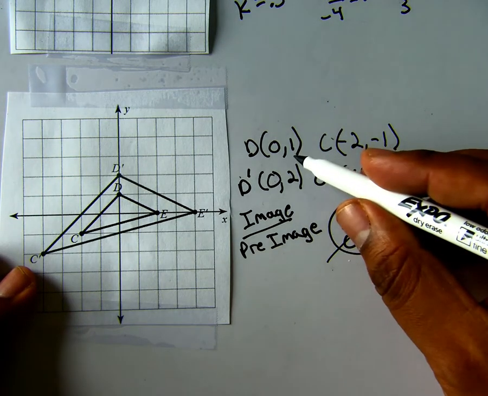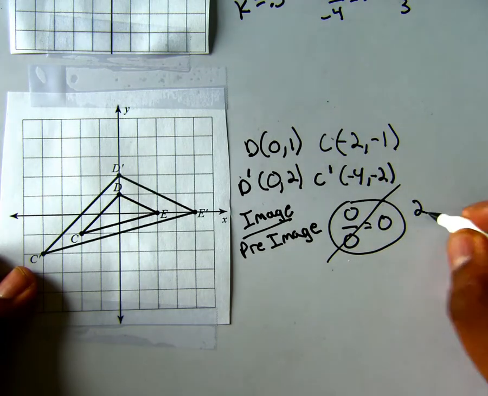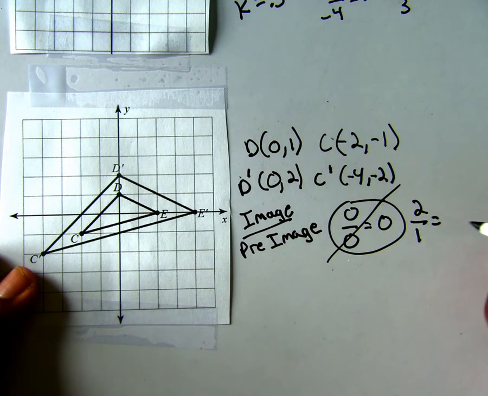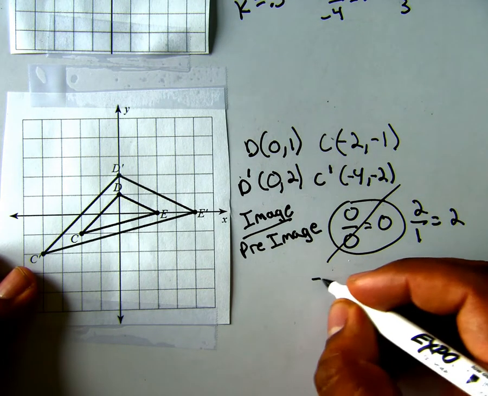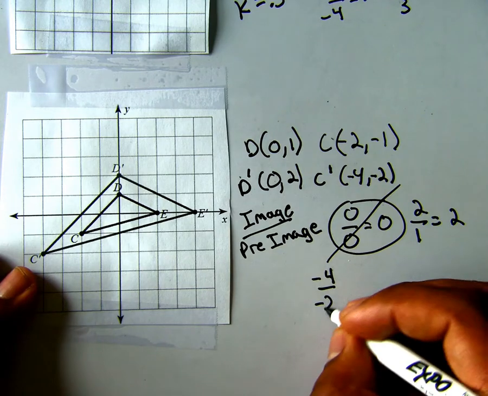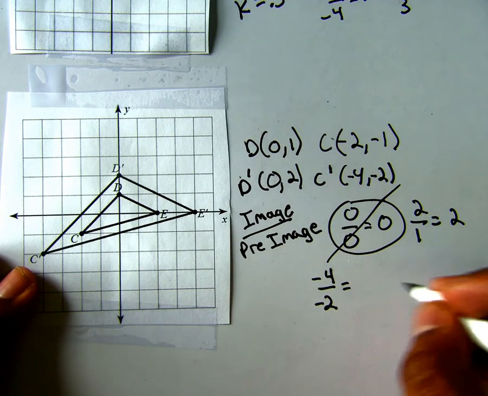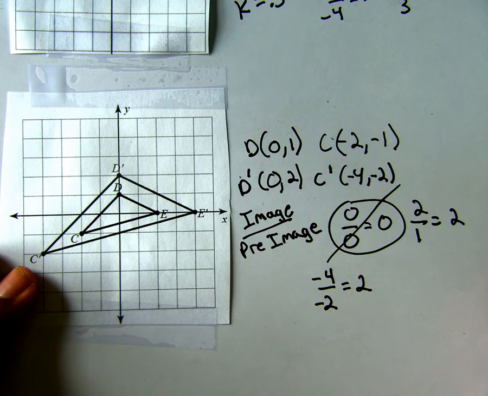But take a look at the next one here. If we do 2 divided by 1, that's going to equal 2. Look at another coordinate here. -4 divided by -2, that equals a +2.